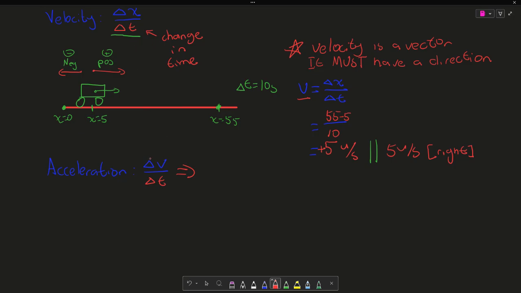So if you sub that in for delta v, delta v equals delta x over delta t, you would get something like delta x over delta t, over delta t. And when you simplify, your final form of acceleration would be delta x over delta t squared. The change in distance over the change in time squared.